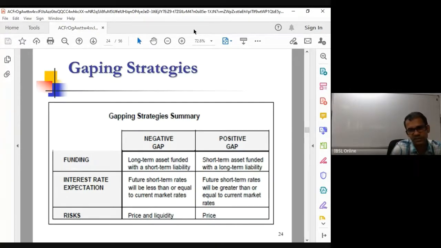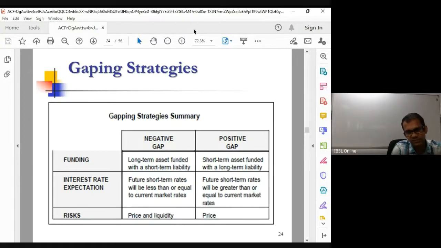Any asset maturing in 3 months, you put into the 3-month bucket. You know the amount. Likewise, you do that for all financial assets and all liabilities. Then you see the aggregate value of assets maturing in a particular bucket and the aggregate value of liabilities.